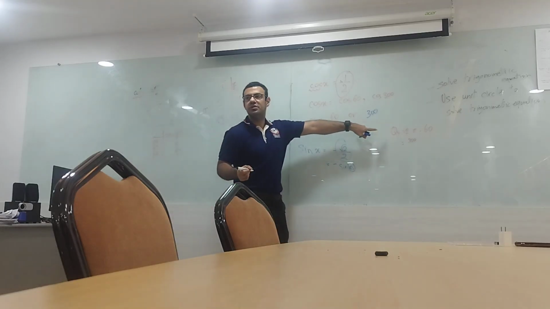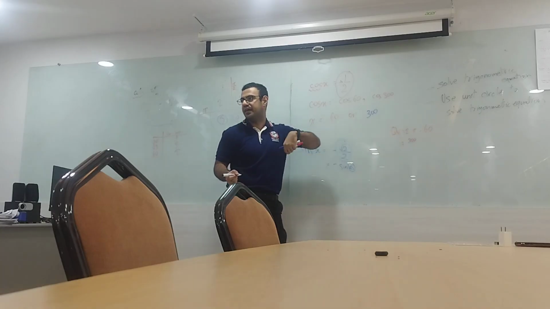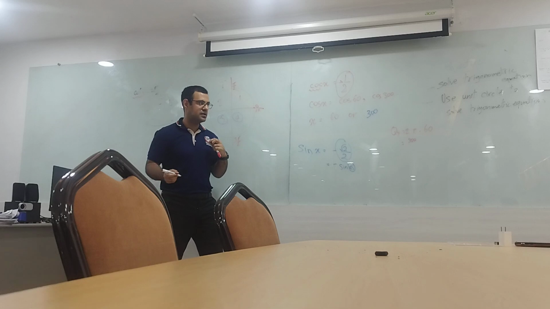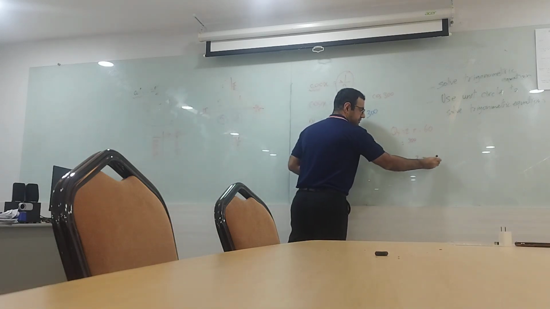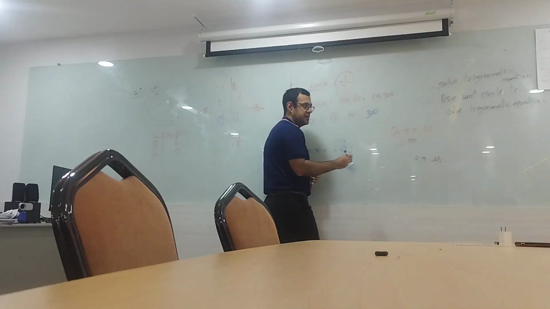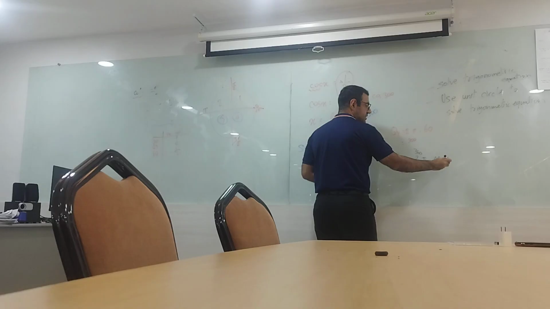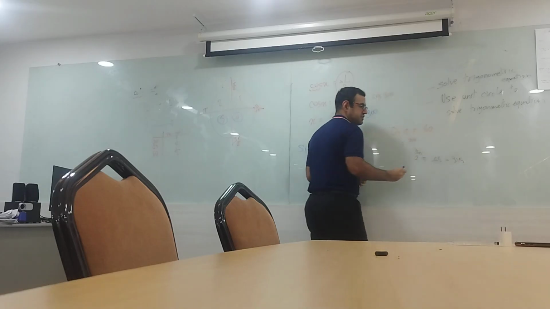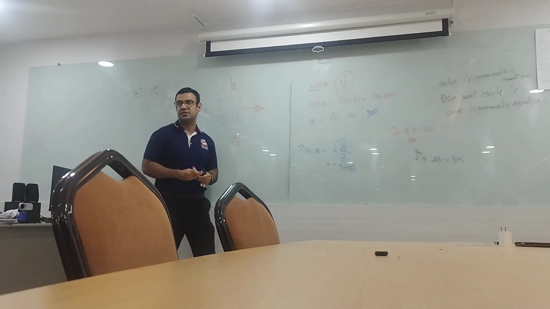For negative sine 45, how much is it going to be in Q3 and Q4? Do you remember this rule? In Q4, how can I find it? 2 pi minus 45. 2 pi is 360, so 360 minus 45 is going to be 315. What about the third quadrant?